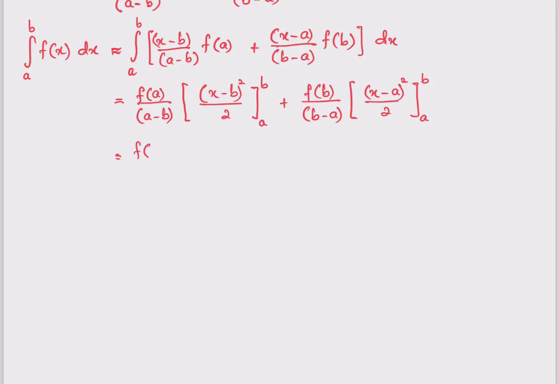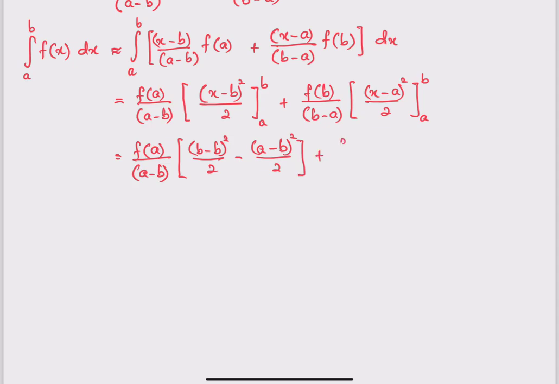So here, what we will get is f(a) divided by (a minus b), and then (b minus b) squared divided by 2 minus (a minus b) squared divided by 2. For the second term, f(b) divided by (b minus a), and then (b minus a) squared divided by 2 minus 0, because a minus a is 0.